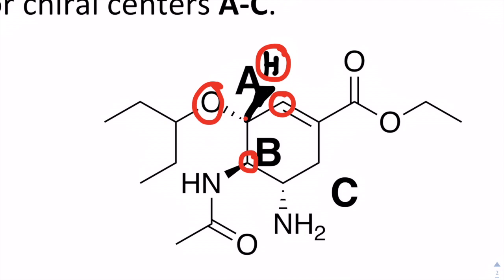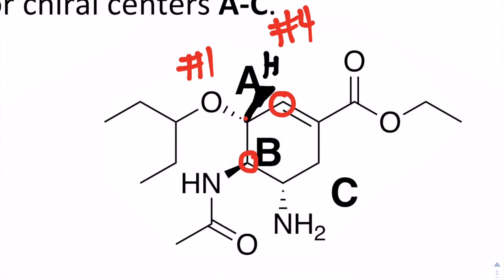So out of those 4 atoms, oxygen, carbon, carbon, and hydrogen, which one has a higher atomic number on the periodic table? Well, it's oxygen. So that means that this group attached is going to be number 1. And hydrogen we know has an atomic number of 1, so that's immediately going to be the smallest possible one, so this hydrogen is immediately going to be my worst priority, or priority number 4.